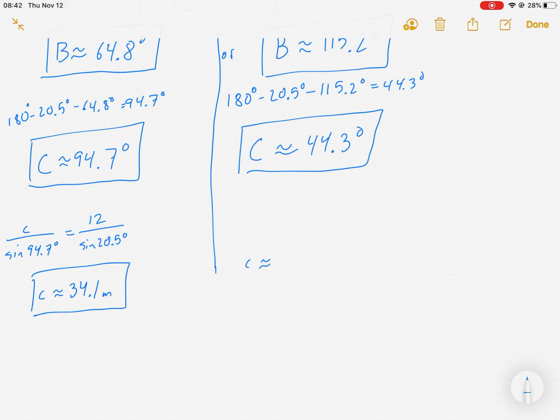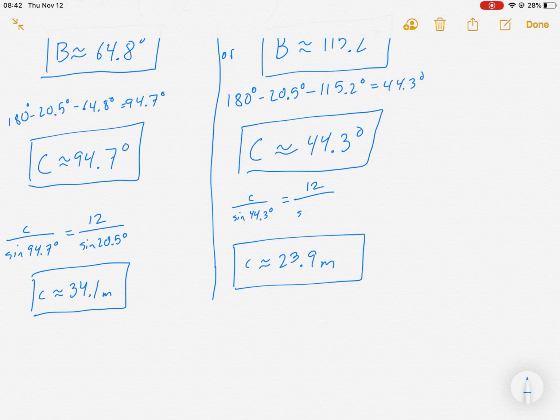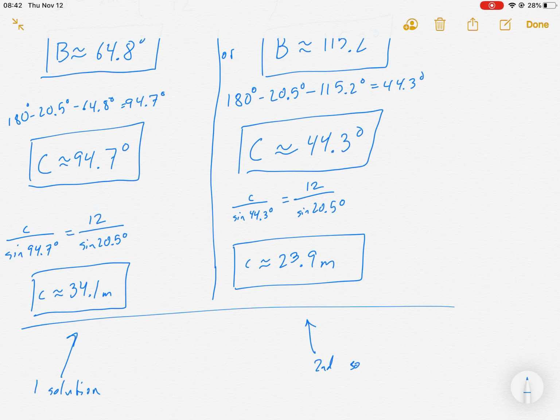And then for the second scenario, we end up with 23.9 meters. Okay, so there's two solutions in this case. We have one solution here, and then we have another solution over on this side.